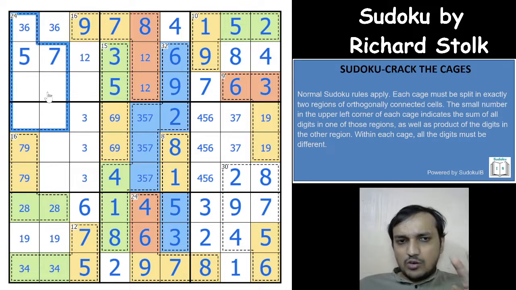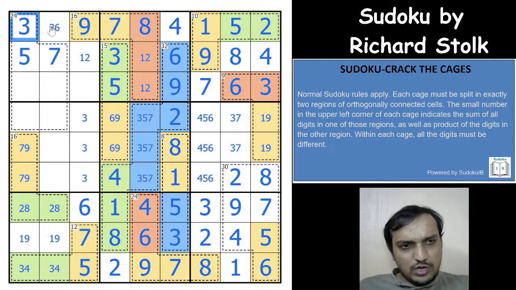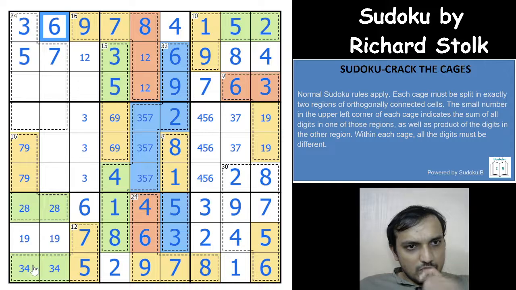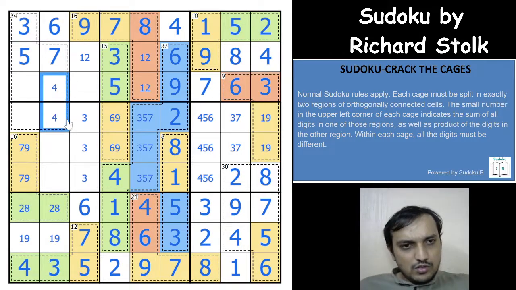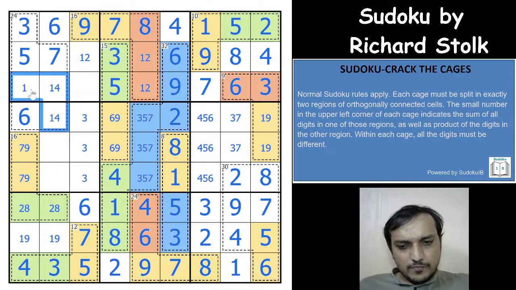So the digits now inside this are everything except 2 and 9, which means it has to have a 1, cannot be 2, you need to have a 3, and this would have to be a 3. It needs to have a 4, 5 is there, 6 also needs to be there, so this is 6, 7 and 8 also needs to be there. So 1, 8 and 4 are the remaining digits.